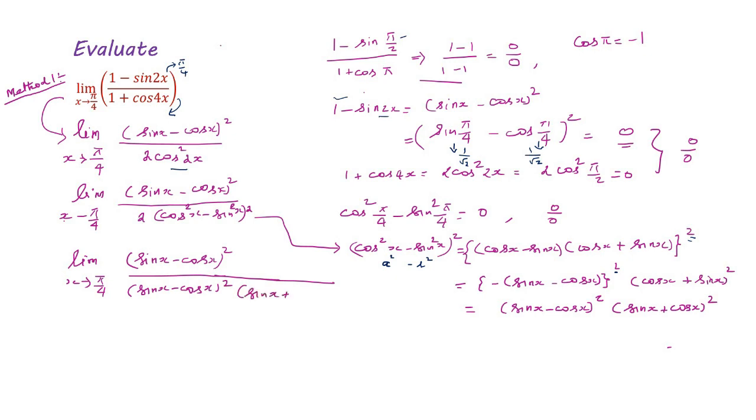Cancel (sin x minus cos x) the whole square from both the numerator and denominator, and you have the limit as x tends to pi by 4 of 1 divided by 2 into (sin x plus cos x) the whole square. Now substitute x as pi by 4 and check.